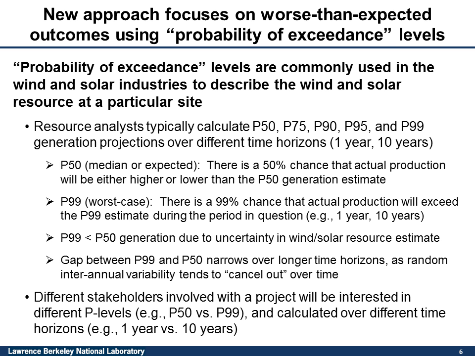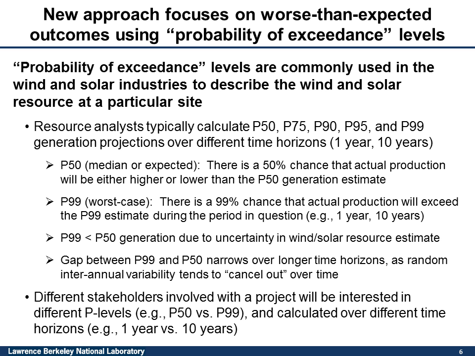And different parties involved with a project will actually be interested in seeing different p levels or p-values calculated over different time horizons. So for example, a developer who's negotiating a PPA price may be most interested in the P50 value, which doesn't vary over time, while a tax equity investor in a wind project may be more interested in looking at the standard suite of p-values over a 10-year term, given the 10-year window of the production tax credit, or PTC.